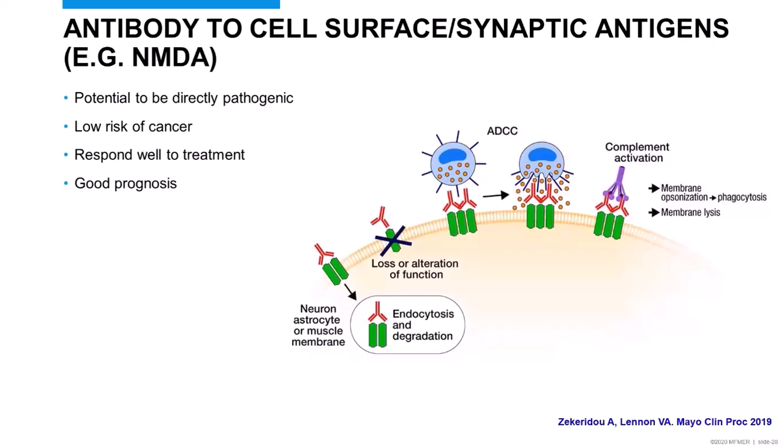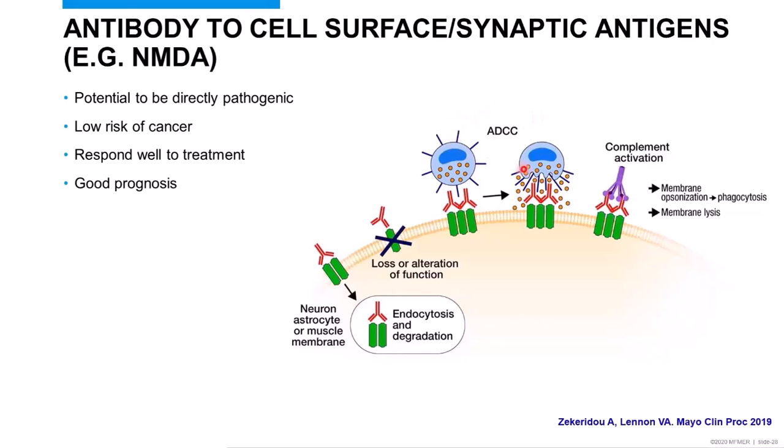So again, when we think about these antibodies, we think about two categories. The first category is antibodies to cell surface or synaptic antigens. That includes the NMDA receptor, the aquaporin 4 receptor, and MOG, as we mentioned. These have the potential, at least, to be directly pathogenic, and some of them have been proven to be pathogenic. The antibody can bind here and have an effect on the receptor, where you may get internalization or dysfunction of the receptor.